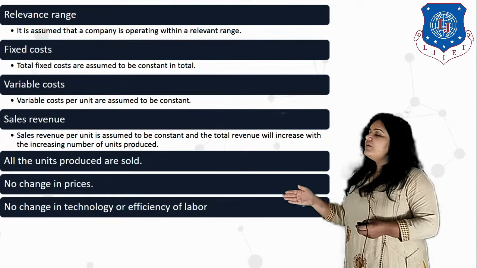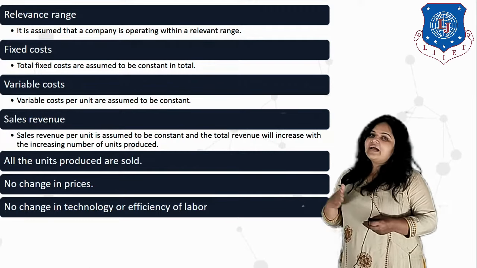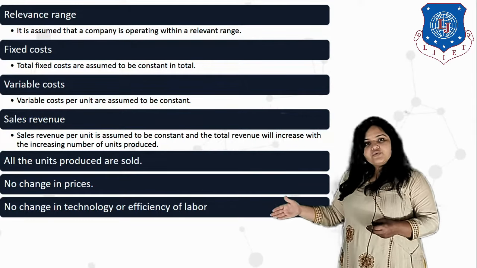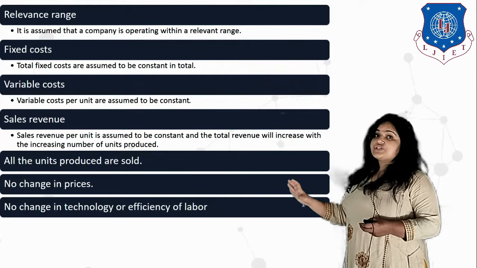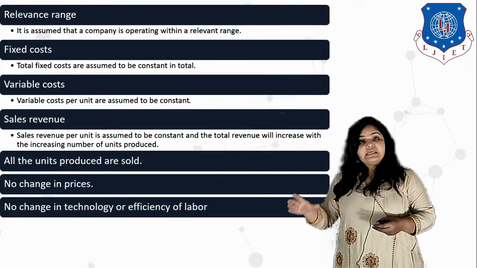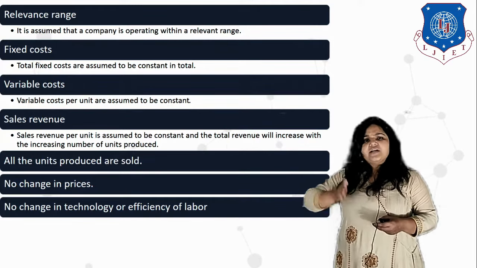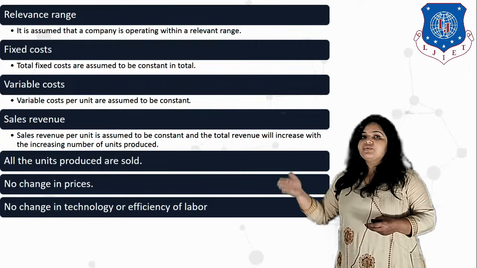Then you will not remain in the short run. That is why it is assumed that in this short run, technology is not changed and efficiency of workers is also not changed, which means workers charge you the same money and produce the same number of units time and again.